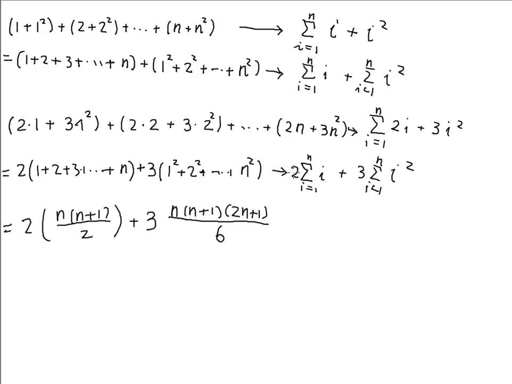So what we have over here is 2 times this one over here is n times n plus 1 over 2, and then this part over here is this one. So either way, if we use sigma notation, this is how we get over here. And if we use this explicit expression of this sum, this is how we get over here. These two are just the same. This sigma over here we have is just the notation.